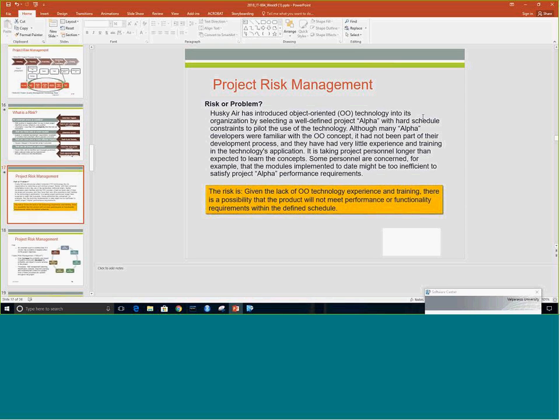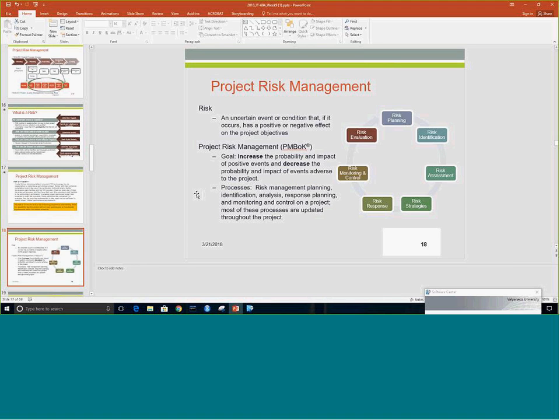So this is where the difference between a risk and a problem becomes apparent. Problems typically are assigned to issue management, which is reactive. It's firefighting mostly, is what is often called in project management. And issue management, problem management, stands in contrast to preventive measures, because risk management can help us prevent risks from impacting the project, right? So problem management or issue management is reactive, and risk management is proactive, right?